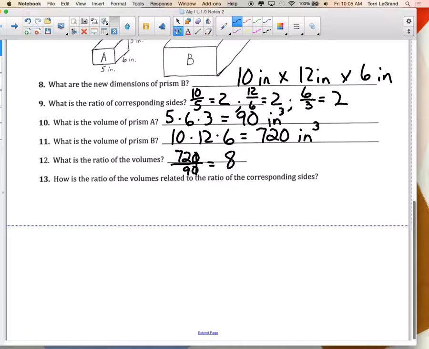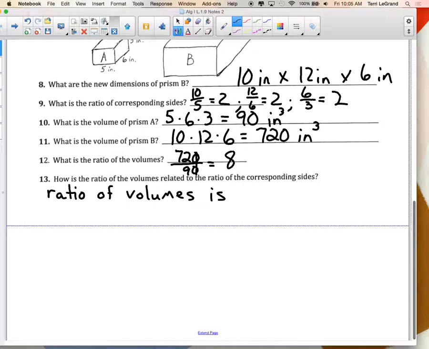Well, let's talk about how the ratio of volumes is related. That ratio of 8, how is that related to the ratio of corresponding sides, which was 2? Or in other words, our scale factor was 2, and our ratio of volumes is 8. So let's just start this out. Ratio of volumes.